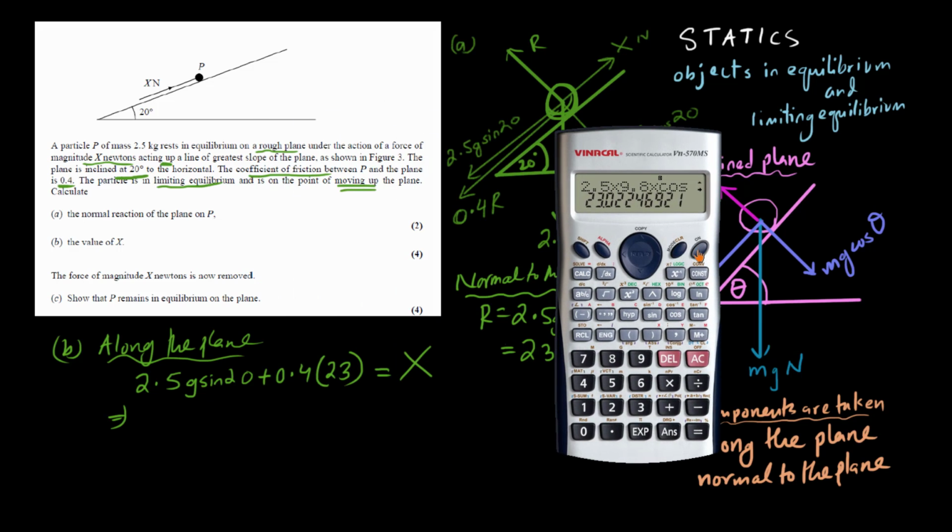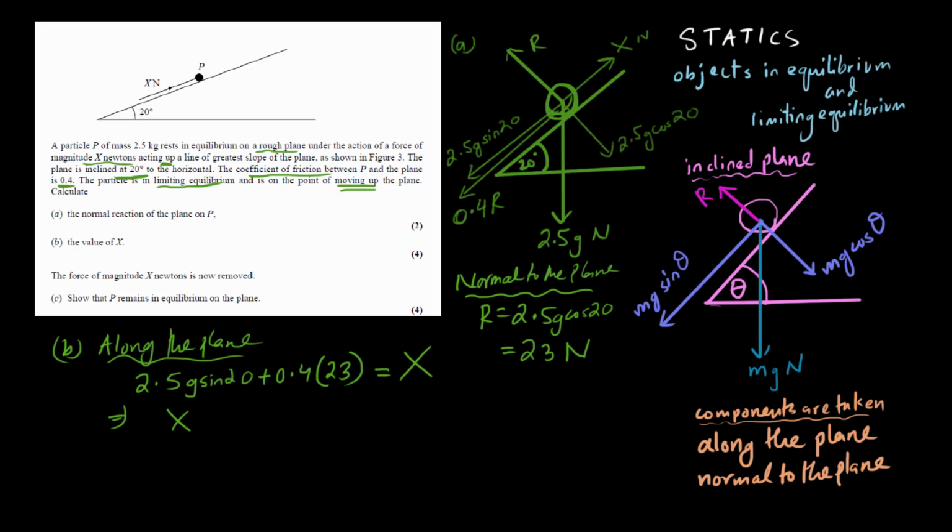So the value of x is going to be 2.5 into 9.8 into sine 20 plus 0.4 multiplied by 23, and that turns out to be 17.6 Newton. To two significant figures, it is 18 Newton.